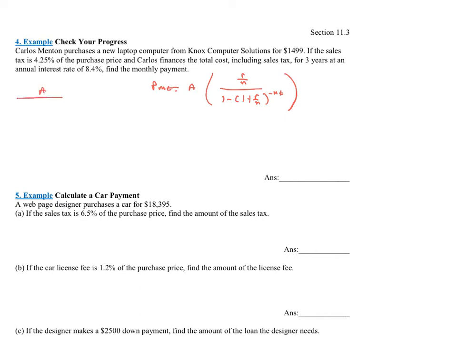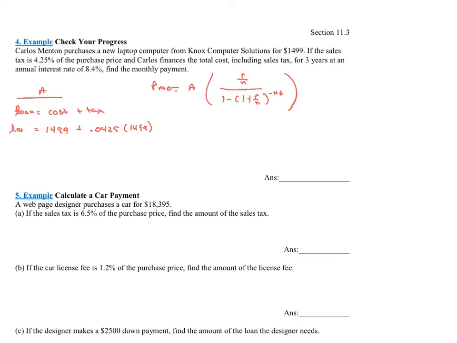So what we have to do is look at what's the total loan amount. The loan amount for this is going to be the cost plus tax. So how are we going to determine that? Well, the cost of the item was $1,499, and the tax rate is 4.25%, so we're going to do 0.0425, the tax rate, times the purchase price, or the cost, which was $1,499.